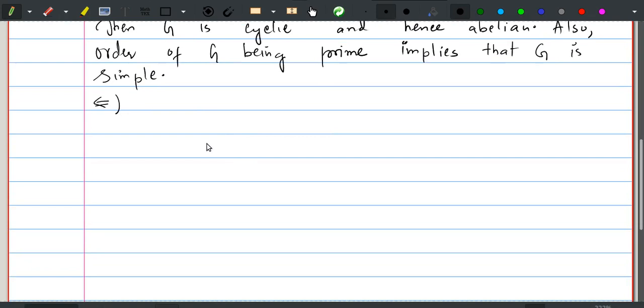Now let us assume conversely, let G be a simple and abelian group.